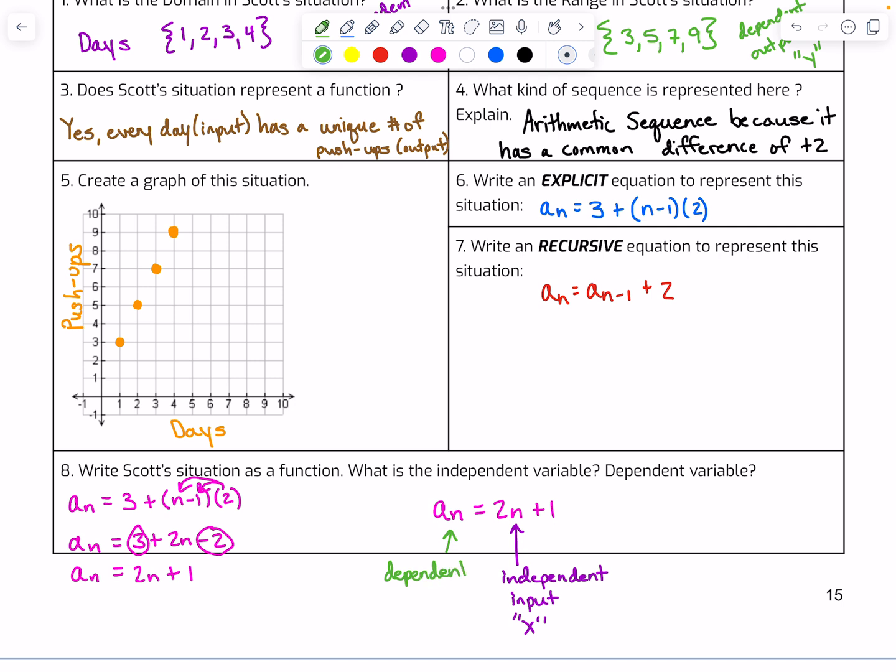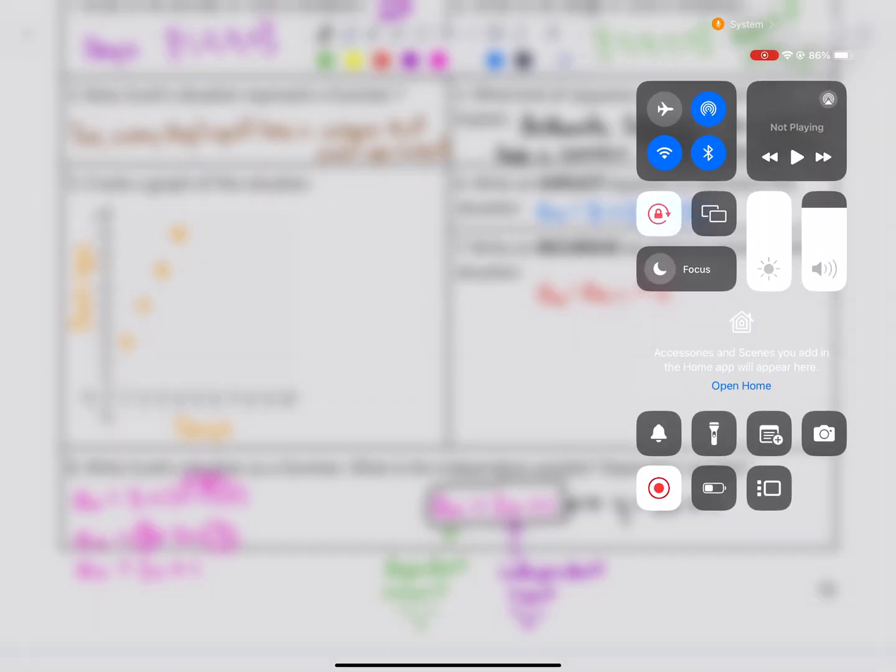So dependent, it's your output, and it's like the y value. So we can rewrite this form if we wanted to. It's in good function notation right now, but we could also say that is the same thing as y, because that's our output, is equal to 2x, because that's our input, plus 1. And those would really mean the same thing. All right, so that's enough for this part of our notes.